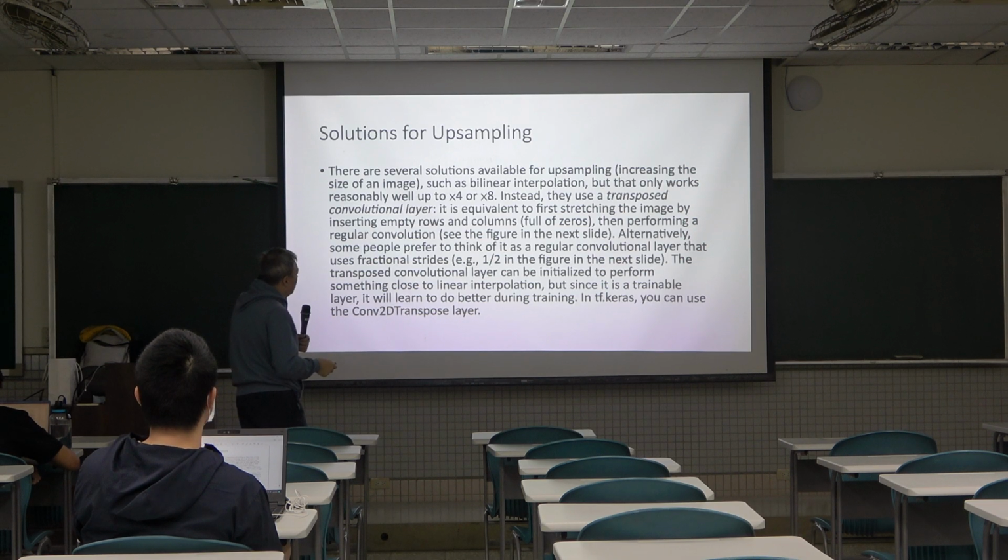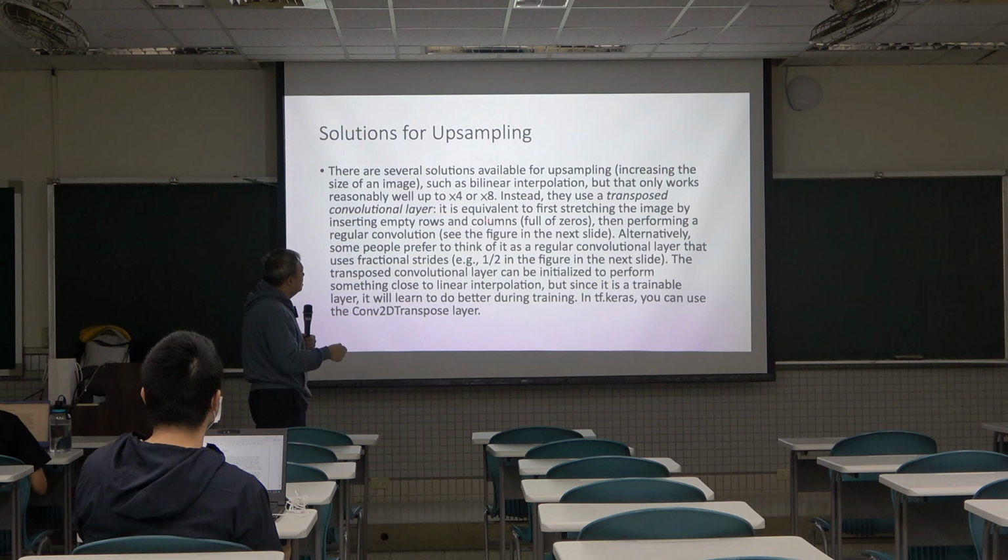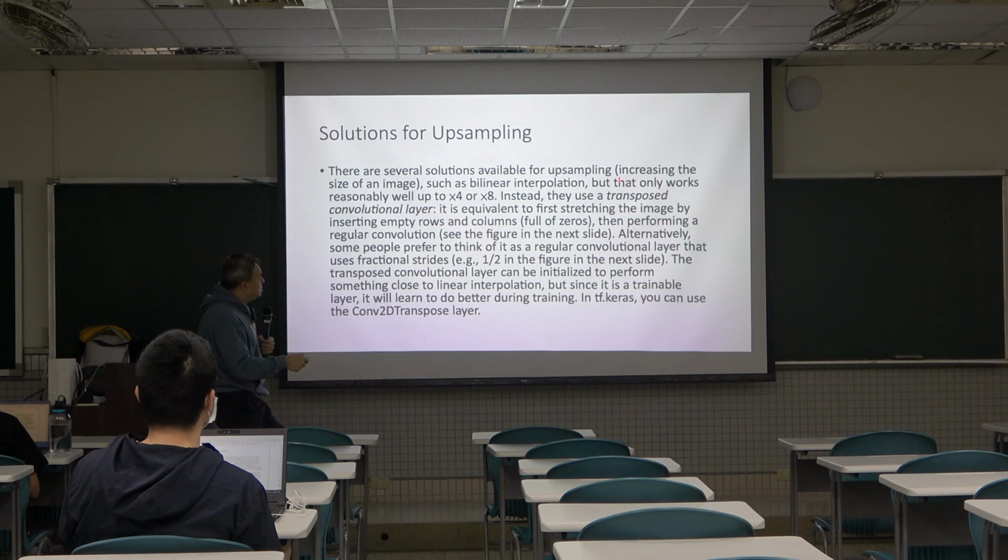So what do we do? Instead, we could use a transpose convolutional layer. What is the transpose convolutional layer? In the transpose convolutional layer, we first stretch the image by inserting empty rows and columns. This part is the same as the bilinear interpolation approach.